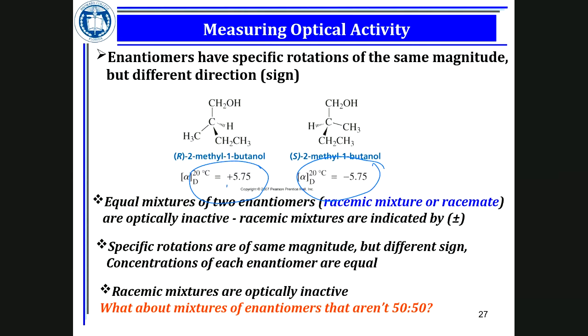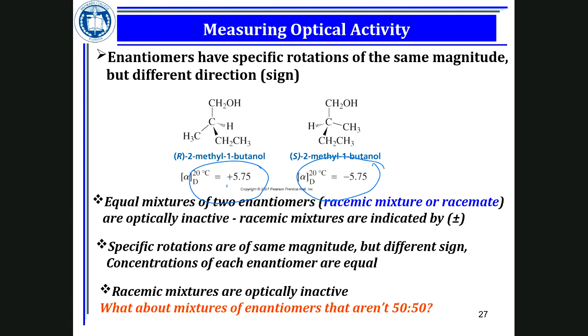What happens if you have 75% of one enantiomer and 25% of the other enantiomer? What would be the net result? If one rotates by 75 degrees, the other one rotates in the opposite direction by 25. What would be the net?